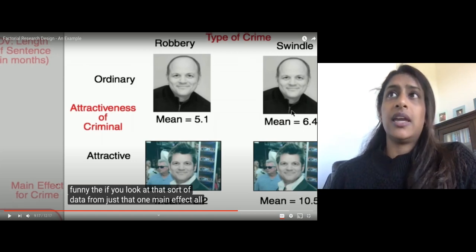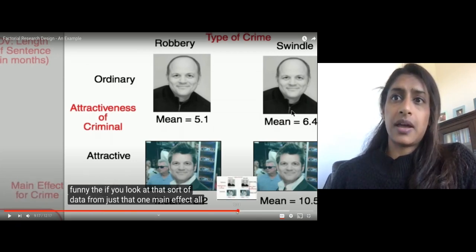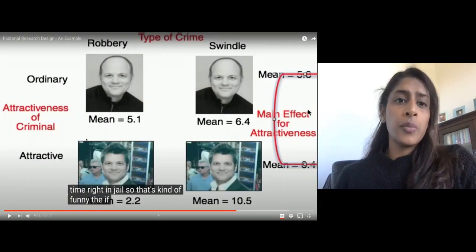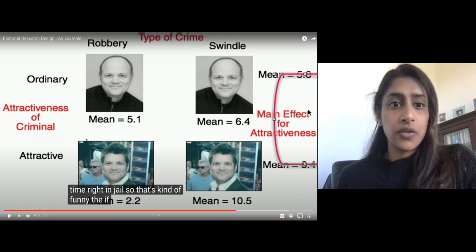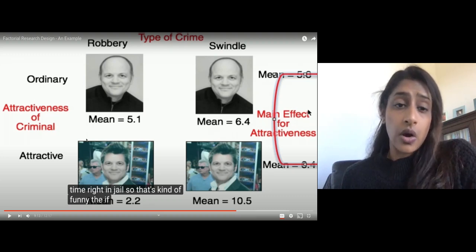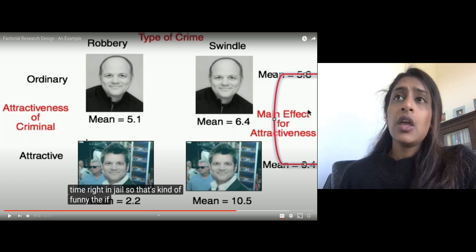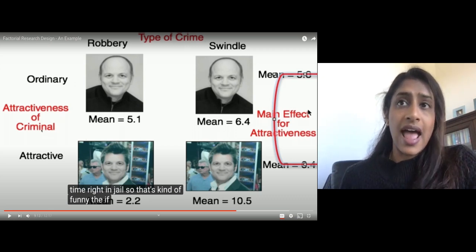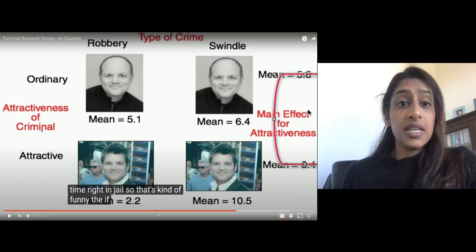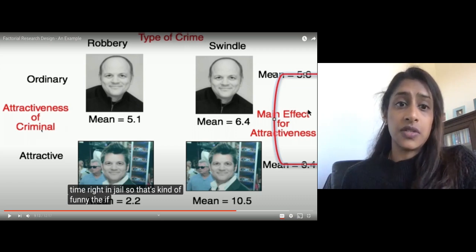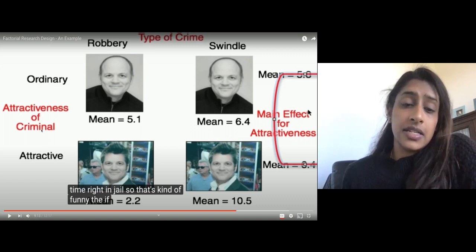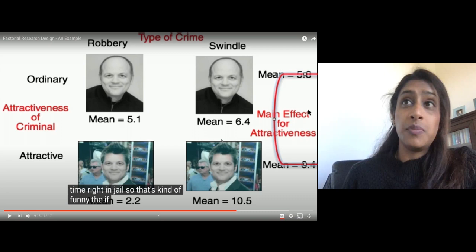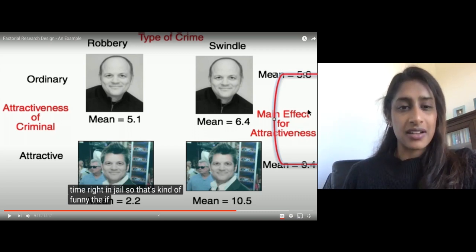Okay, so kind of looking at this, let's just back up just a little bit because I want to show you something here. So remember when we said that we could look at each of the independent variables on its own as if it was its own study? If we were to look at the attractiveness of a criminal and how it related to our dependent variable, which is amount of time in jail, right, or amount of sentence that people think a person should have in jail, this would be here what we're looking at, a main effect, right?